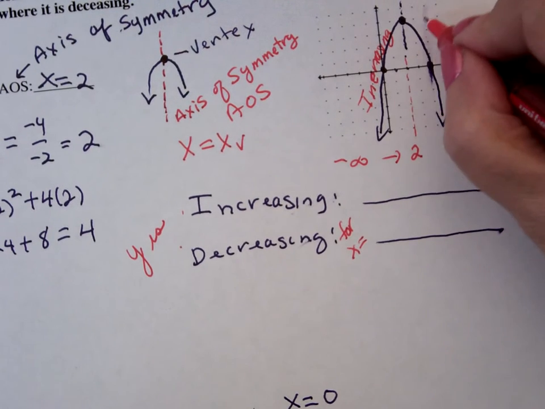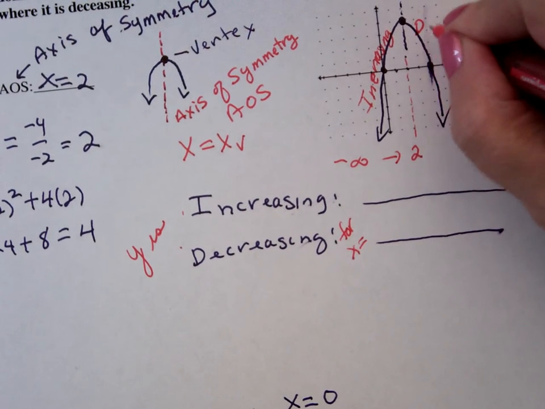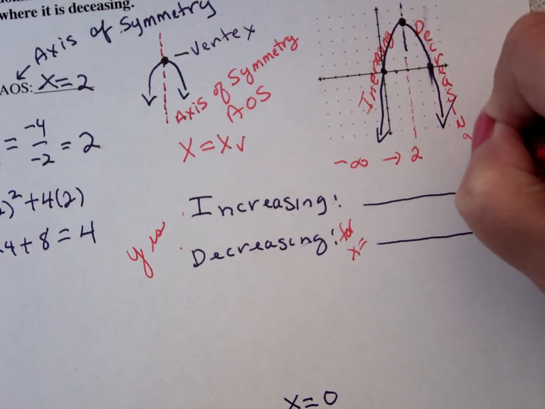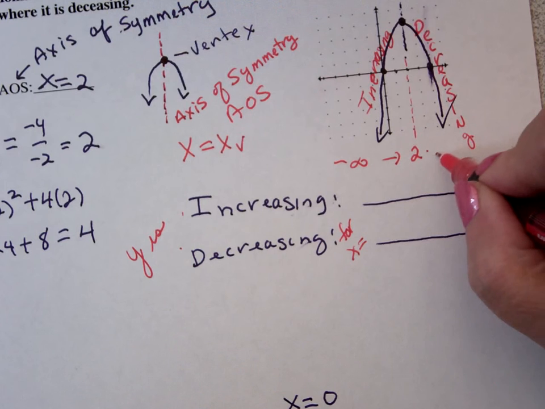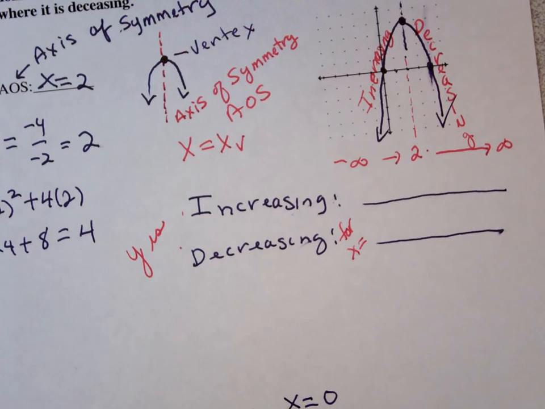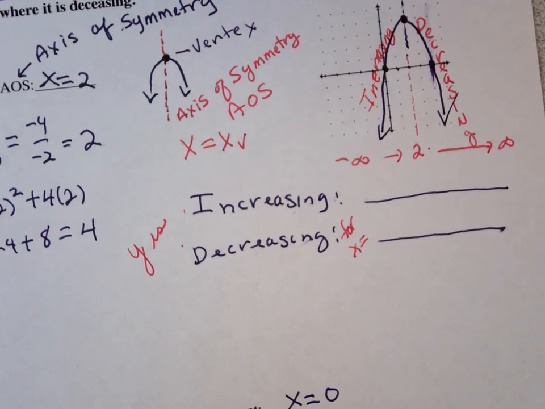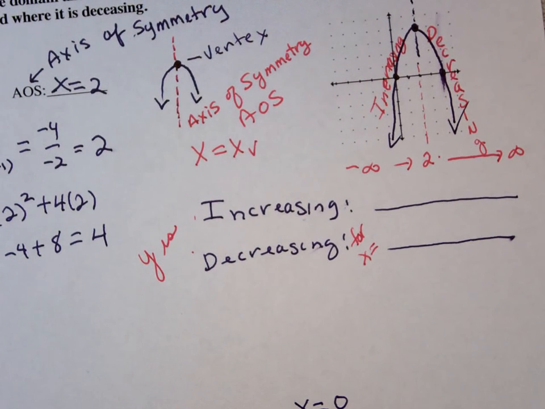And then we have decreasing from 2 to infinity. So the vertex is the middle mark. On one side, the graph is going to be increasing, the other side of the graph is going to be decreasing, or vice versa, depending upon whether the graph opens up or down. So when you've got the vertex and how it opens, you've got increasing and decreasing as well.